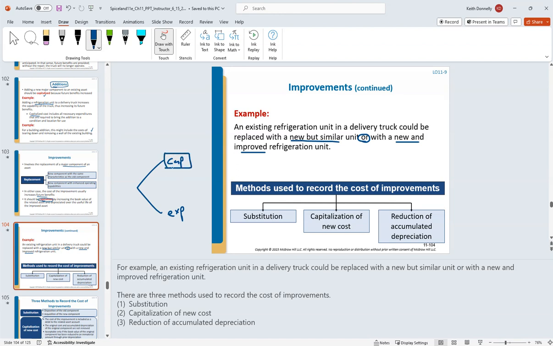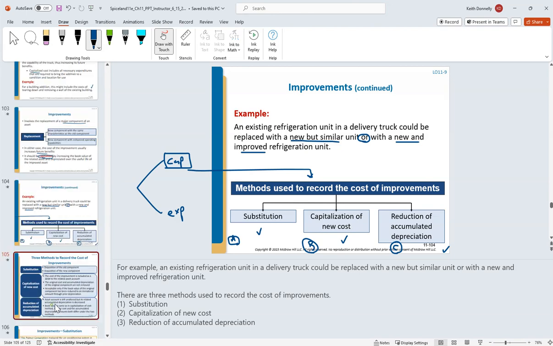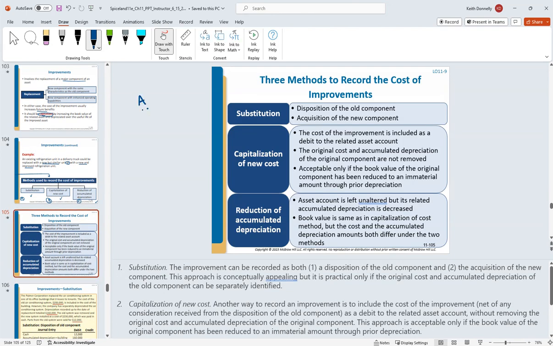But how we capitalize it, an improvement here, they give you a few different ways: you can have a substitution, you can straight up capitalize it, or you can reduce accumulated depreciation. There are a few different ways to skin the cat here. So we have option A, option B, and option C. We're talking about a new component to a refrigerator. Option A is a substitution, option B is where we capitalize it, and option C is where we reduce accumulated depreciation.